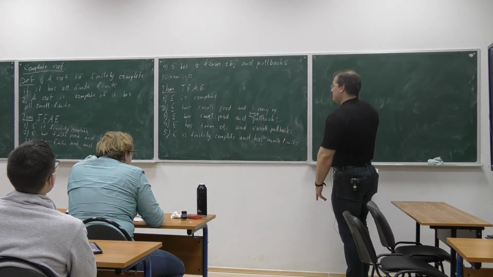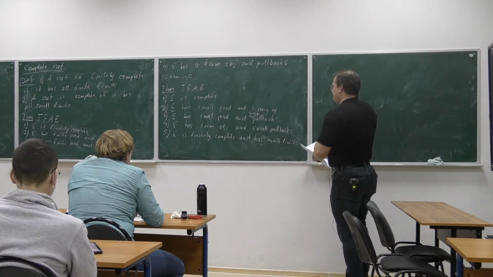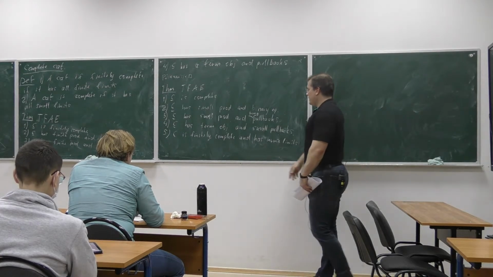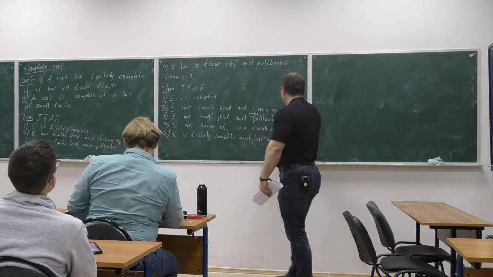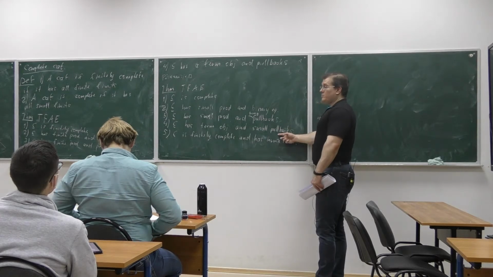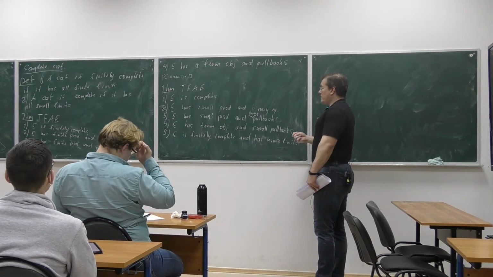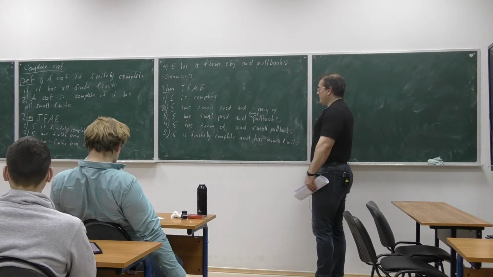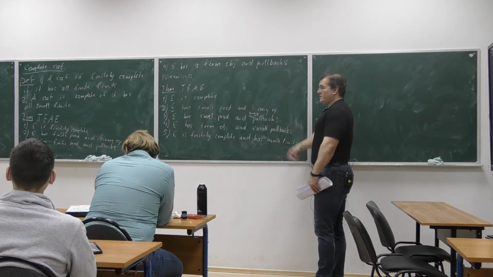Yeah, so the equivalence of 3 and 4 is clearer. Well, if you have a terminal object and small pullbacks, you take pullbacks over the terminal object and you get small products. And of course, if you have small pullbacks, you have binary pullbacks.